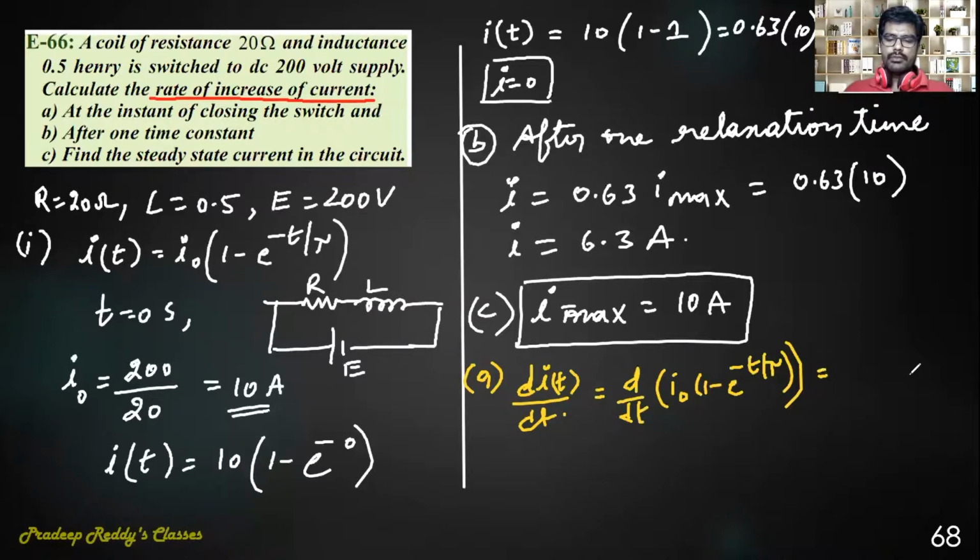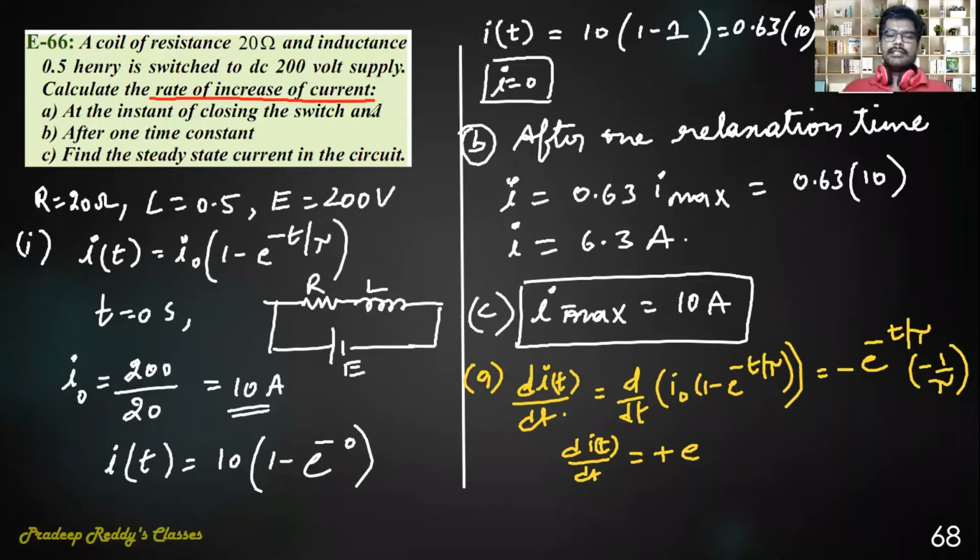This is equal to, however, d by dt of I naught is constant, you can just take it as 0. It is minus of e power minus t by tau into minus 1 by tau. So di by dt is equal to minus of minus will become plus, e power minus t by tau divided by tau.